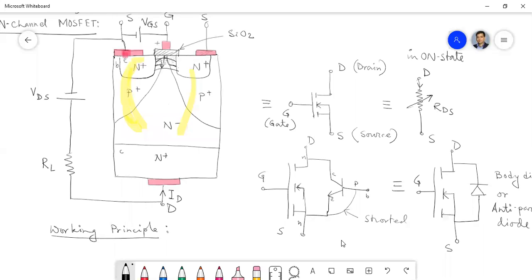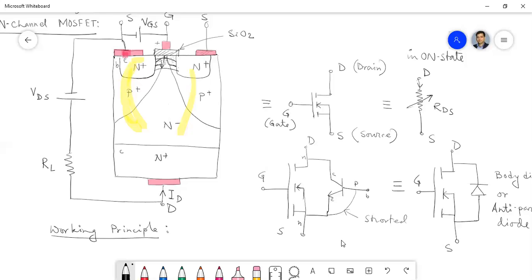Okay, so that means if we withdraw the gate to source voltage, if we remove the gate to source voltage, then the MOSFET will be just turned off immediately. Okay, so that means what we need, you need just a voltage. By that, it's very simple to make a power MOSFET turn on and off.